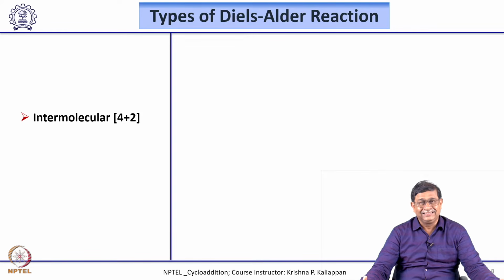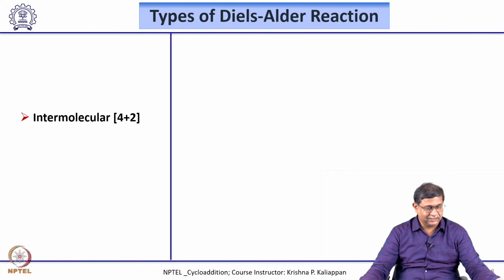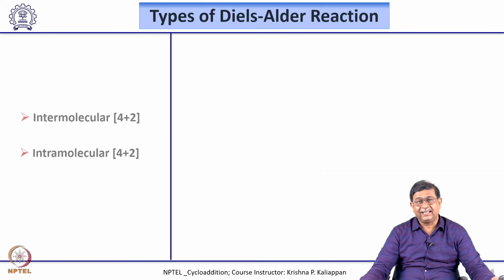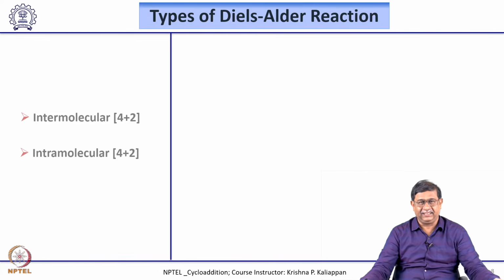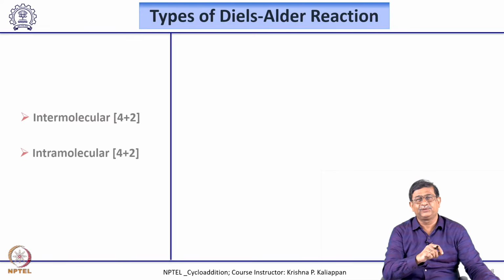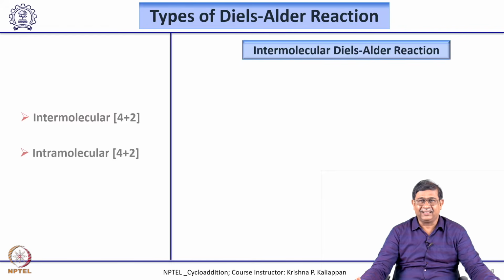One is the intermolecular reaction, that means the diene and dienophile are 2 different species. The second one is the intramolecular 4+2 cycloaddition. That means the diene and the dienophile are part of the same substrate, or in other words, the dienophile is connected to the diene. These are the 2 major types of Diels-Alder reaction.